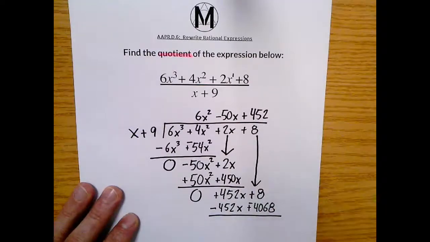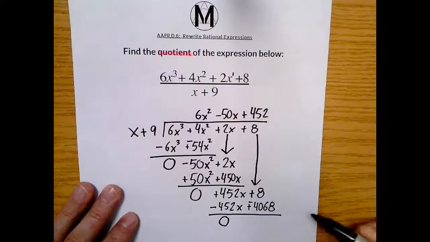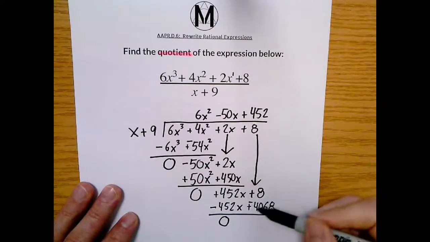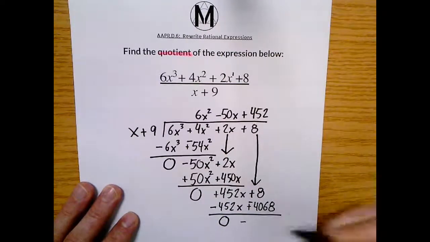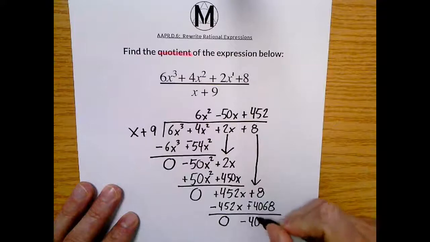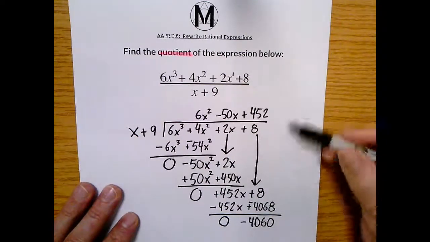That is minus, that becomes minus. 452x minus 452x is 0. And then we have 8 minus 4,068, which would be a negative 4,060. Okay, and now if you try to continue this process, first you can see there's nothing to bring down.